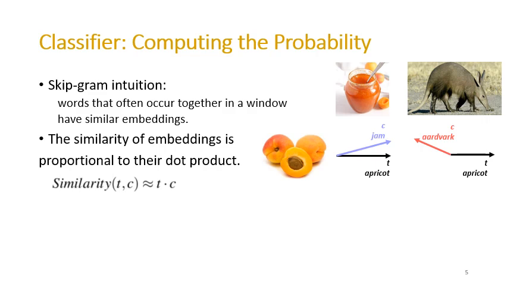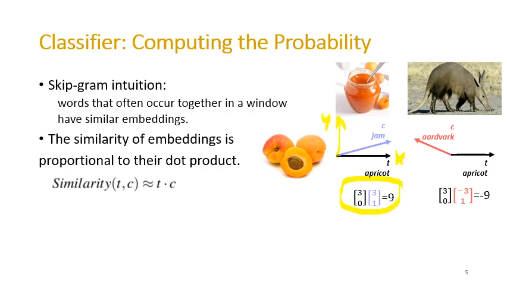Then let's say we want to compute the similarity. For apricot, I just make up numbers. Let's say the vector is 3 and 0, so in the x-axis it goes to 3, and in the y-axis it has value 0, while for the vector jam, the x-axis is 3 and the y-axis is 1. So the dot product here is 9.